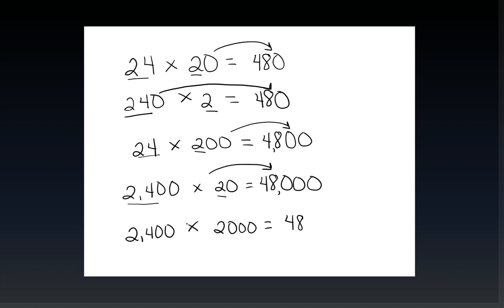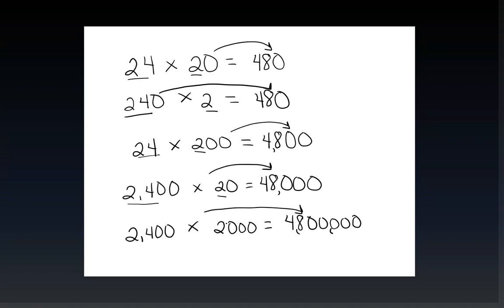I count how many zeros I have in my total equation. 1, 2, 3, 4, 5. And I say, okay, I'm going to give you 5 zeros on this side. Answer 1, 2, 3, 4, 5. Put my comma where it belongs. And 2,400 times 2,000 is 4,800,000.